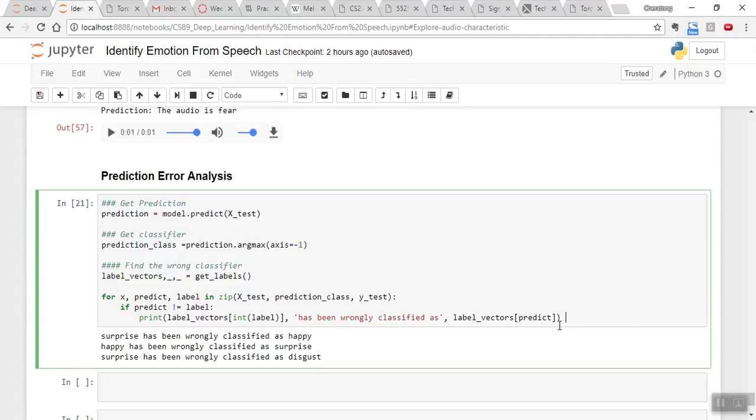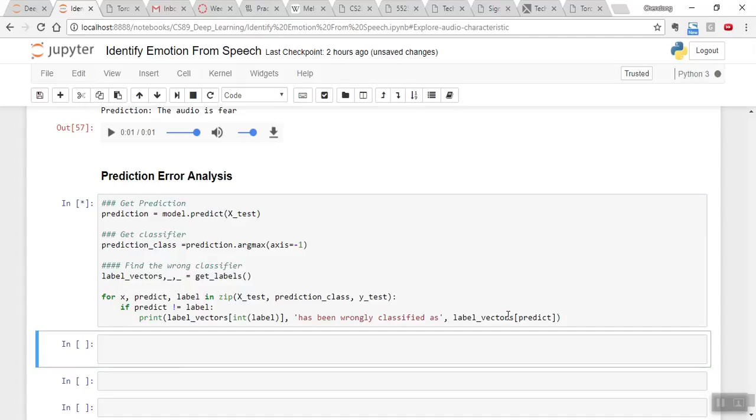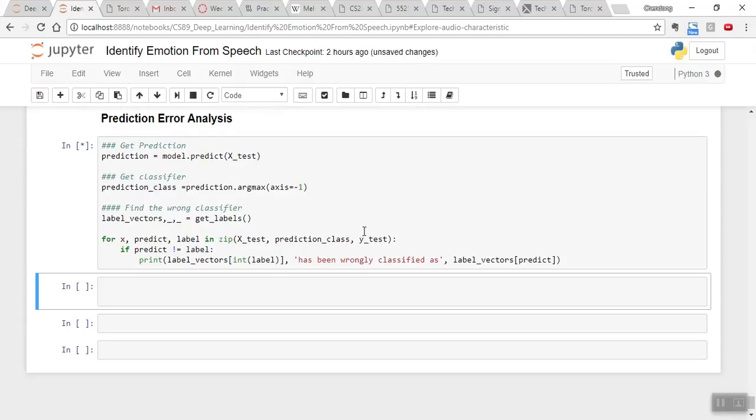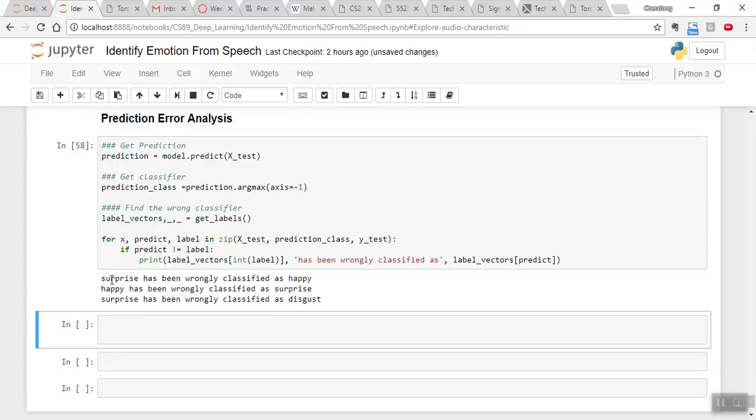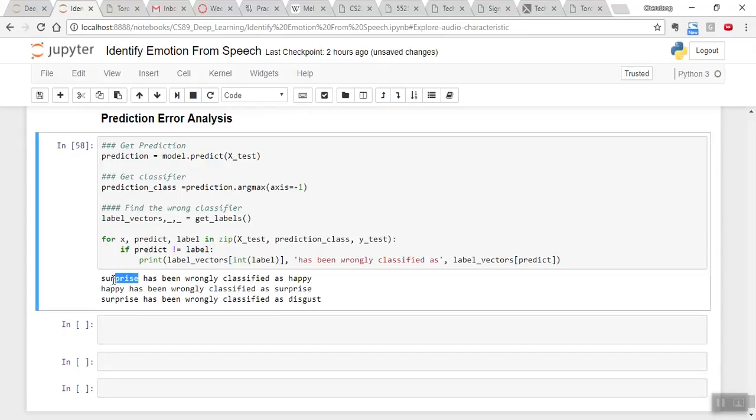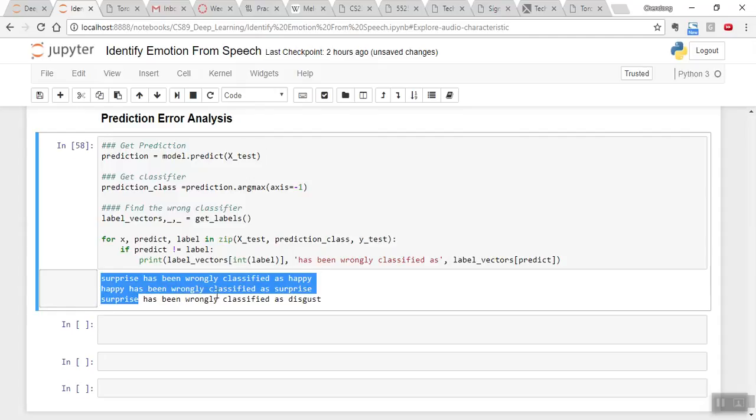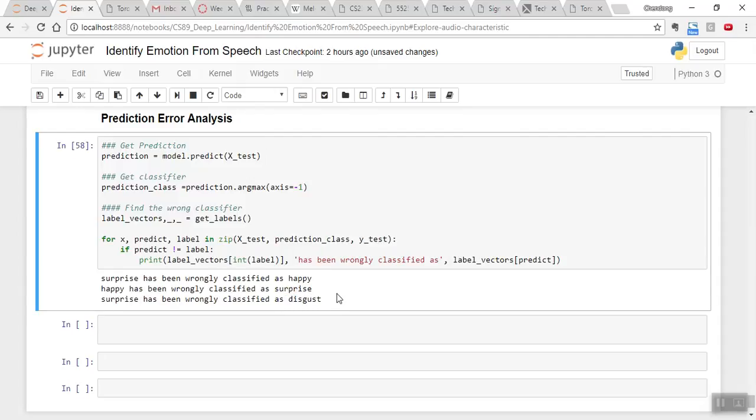Let's check out which labels are relatively easily misclassified. So there we found out that surprise is the relatively easiest label to be misclassified, and we can also find out that happy can be misclassified as surprise, and surprise can be misclassified as happy.